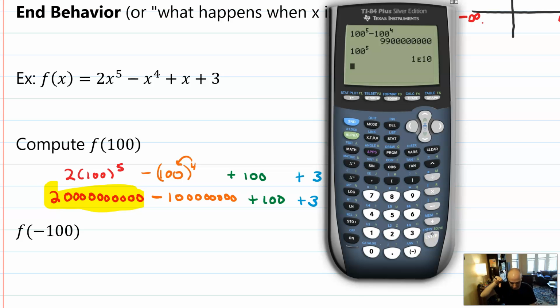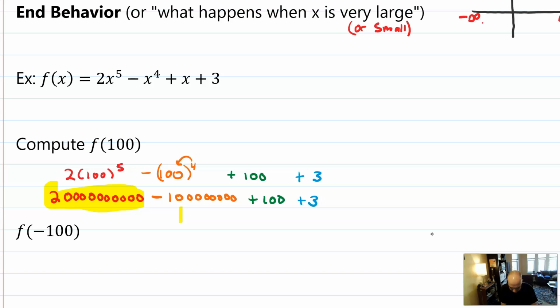The 100 to the fourth is 200 times smaller than the 100 to the fifth term. So these terms don't matter if x is large.